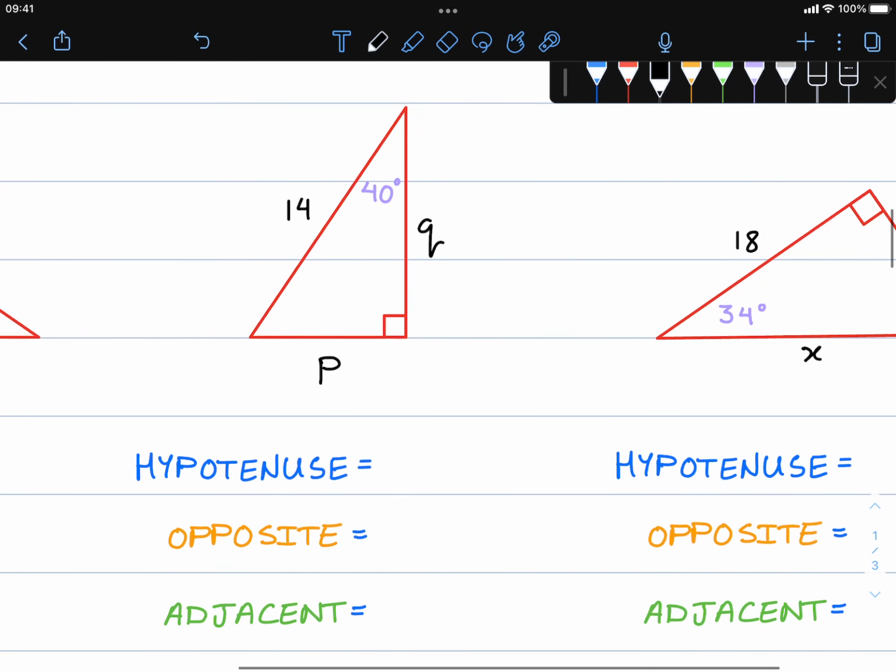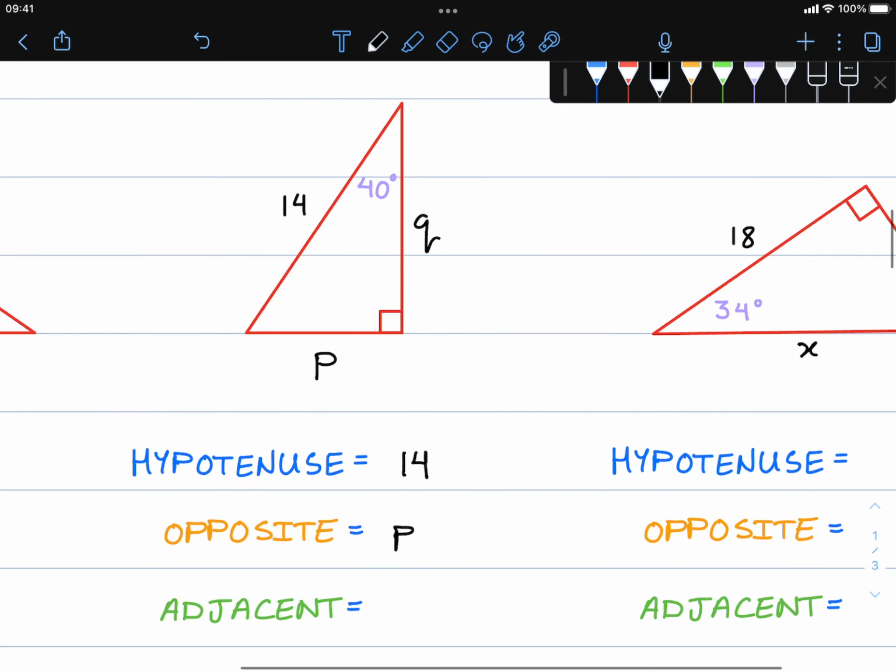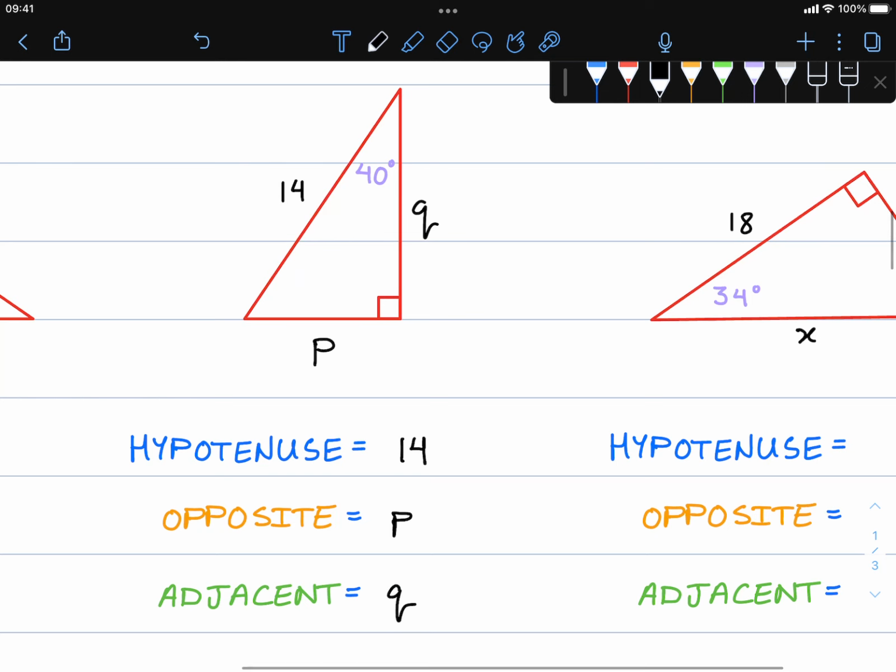Okay, let's give this one a go as well. Once again, the 90-degree angle is pointing to the hypotenuse, so the hypotenuse here is 14. The opposite is furthest away from 40 degrees because that is the angle given as reference. So that is P, and the adjacent is Q.